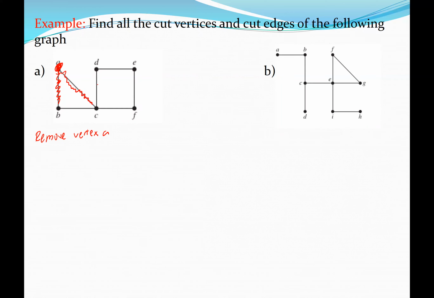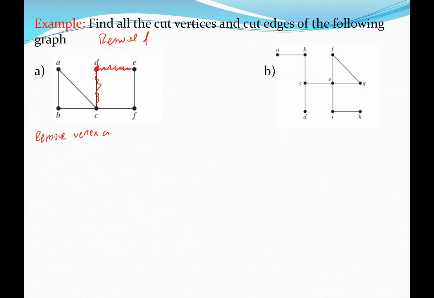Now how many connected components do you see? Just one. So it doesn't work, and A is not a cut vertex. Let's say we remove D. When you remove D, you also remove its edges. Now look at the remaining graph: you still have one component, so it doesn't do any job.